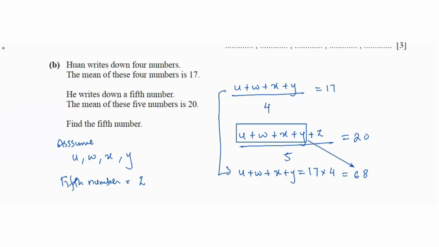Hence, we can write 68 plus Z over 5 equals 20, which is going to be 68 plus Z equals 100, and Z equals 100 minus 68, which is 32. So your fifth number is 32.